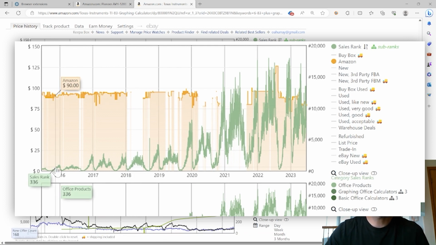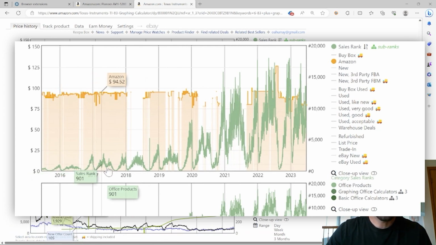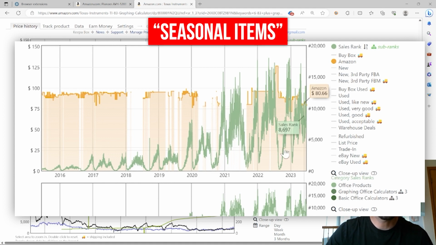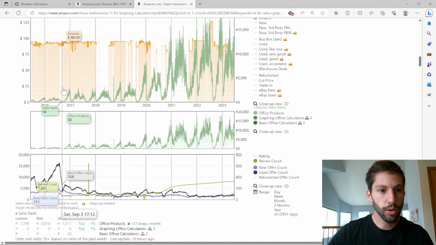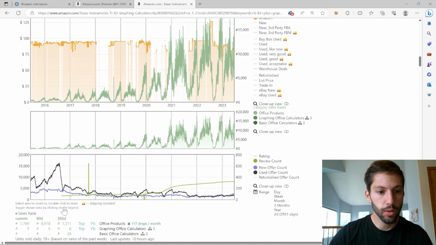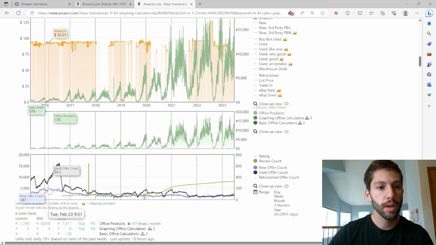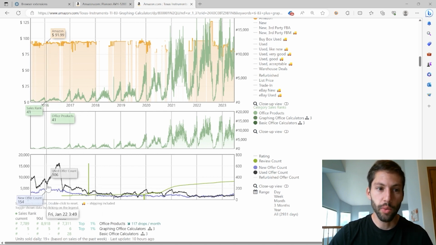Another thing we can see here with this sales rank line is the ups and downs with this. And so this is an item that would be considered seasonal. If you scroll down on this little timeline and look down here, you can see that it's a lower sales rank at around September and around January.